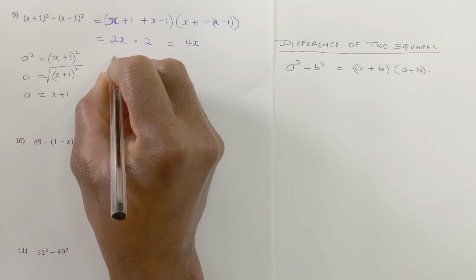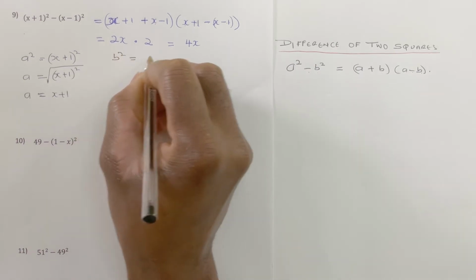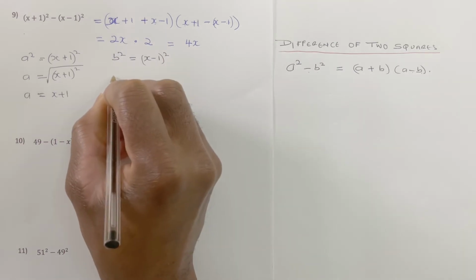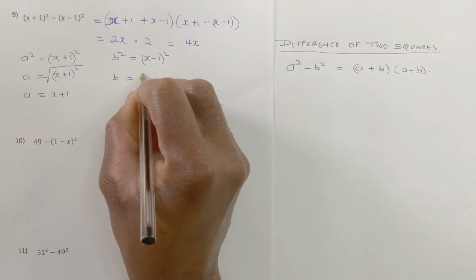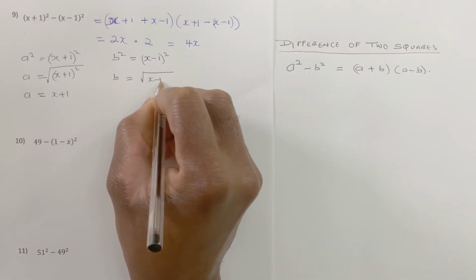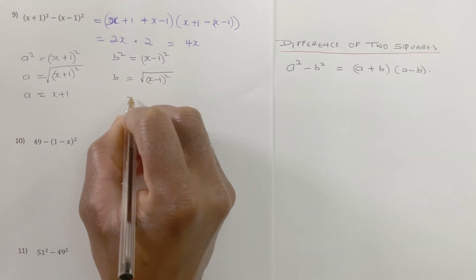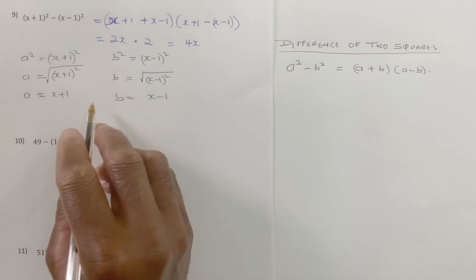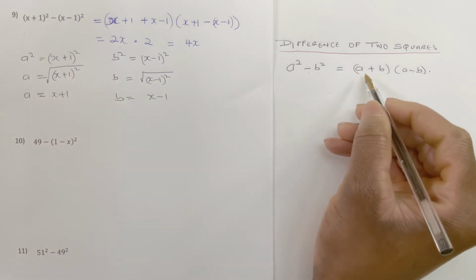The same thing with b. b squared would be x minus 1 squared. b would be the square root of x minus 1 all squared, and that would just be x minus 1. So now you want to put them here and there.